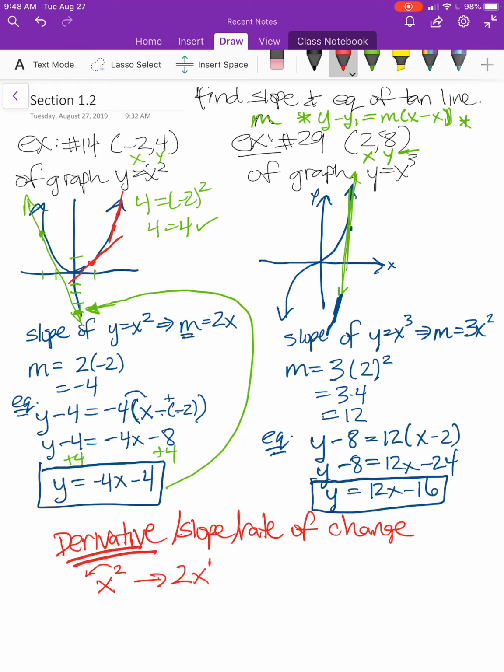And x to the third for the next one, we bring that 3 down and subtract 1. Any monomial such as that, if I said x to the 7th, the slope at any given point, bring the 7 down and subtract 1. That should do it for section 1.2.